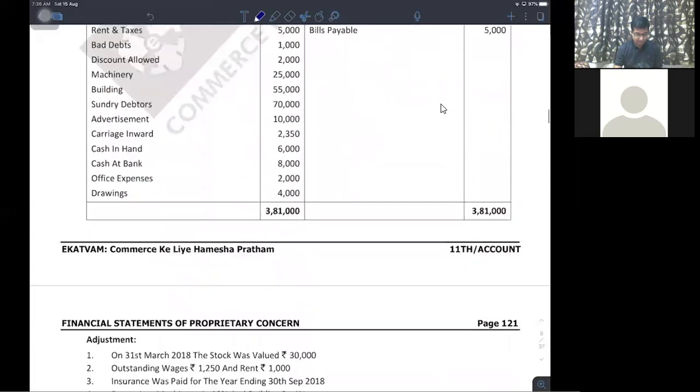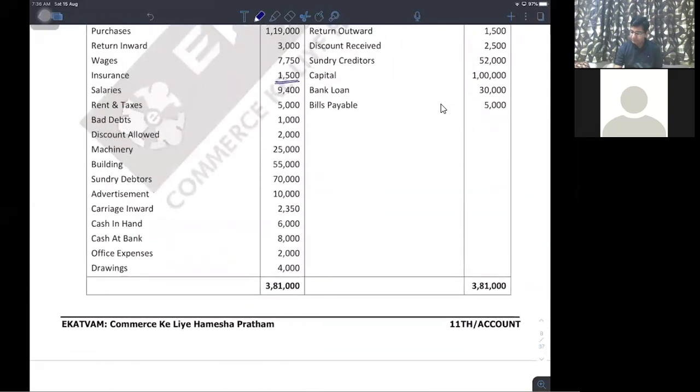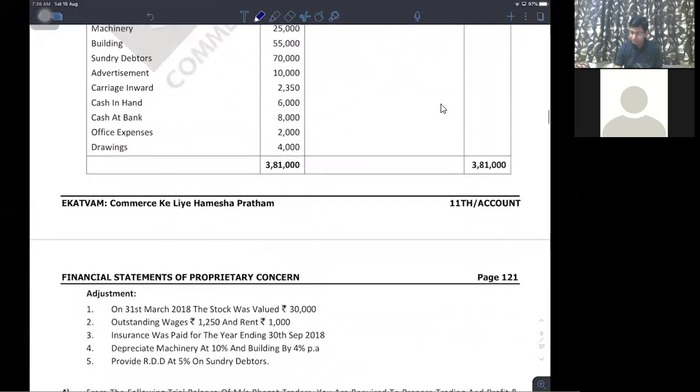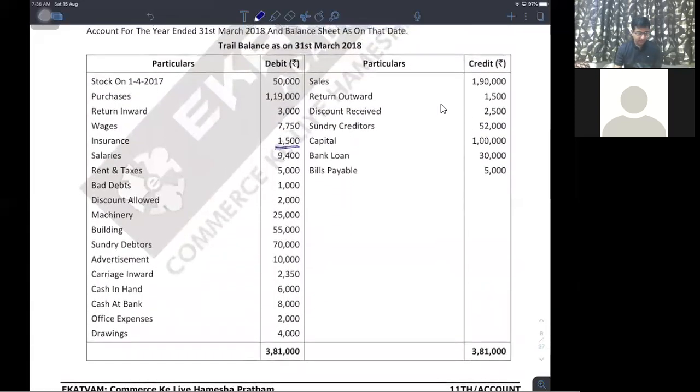And RDD has to be provided at 5%. Correct? Then insurance done, salaries done, rent taxes done, discount allowed, machinery done, building done, sundry debtors done, advertisement, carriage inward, cash in hand, cash at bank. Yep.